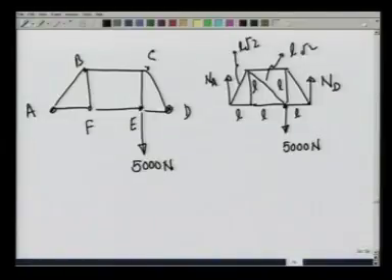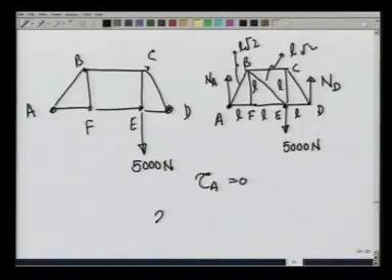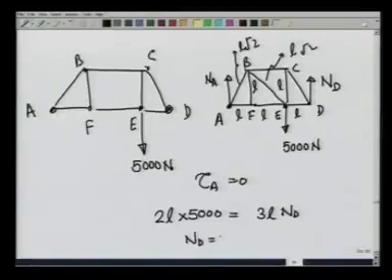So, first thing I want to do is get NA and ND. The simplest thing to do in this case would be to apply the torque equation about this point A. When I apply the torque equation about A and make it 0, I get 2L times 5000 is equal to 3L times ND, and therefore, ND comes out to be 10,000 over 3 newtons.